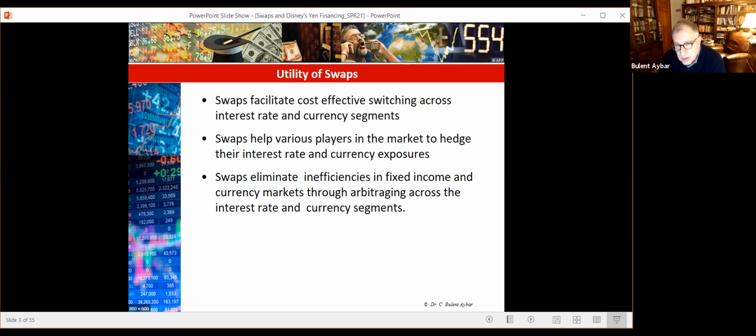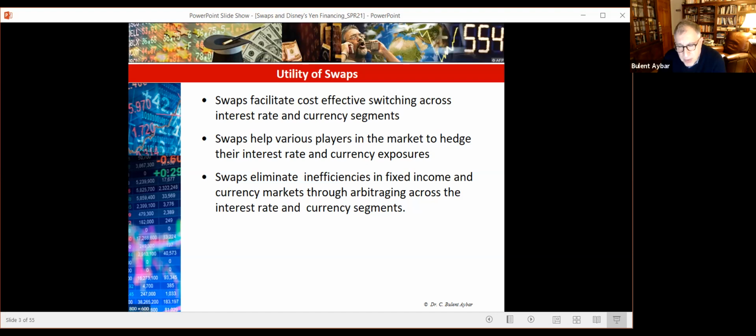Similarly, someone who borrowed in a particular currency can engage in a swap transaction and change the denomination of the interest rate and principal payment by using swaps.